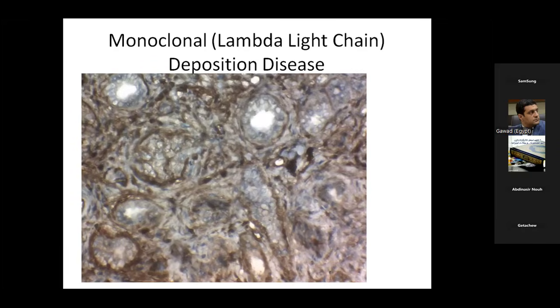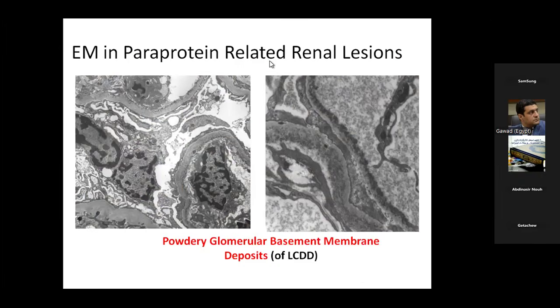So the proteinuria will be not mainly of albumin, but mainly of the monoclonal proteins. And under EM, we will see the classic powdery appearance, subendothelial, and along the outer surface of the tubular basement membrane.